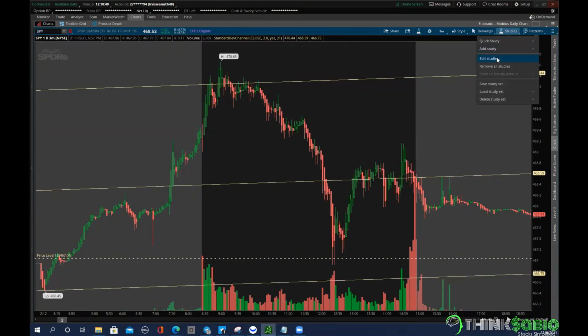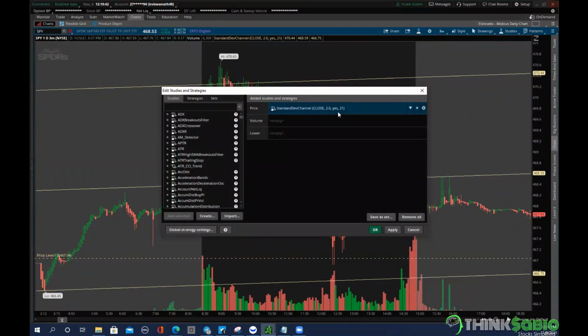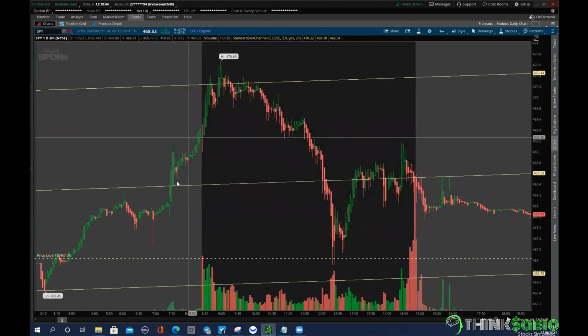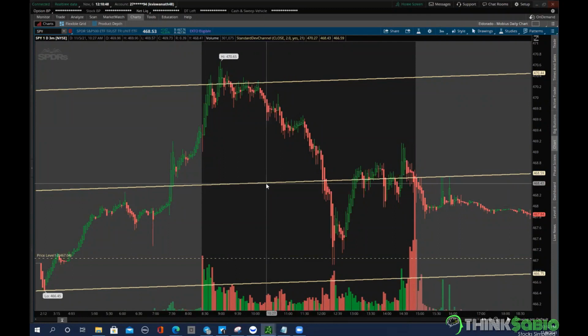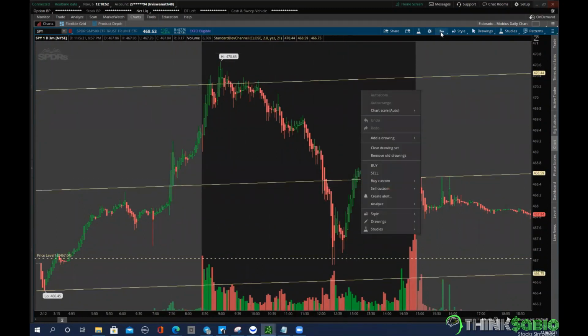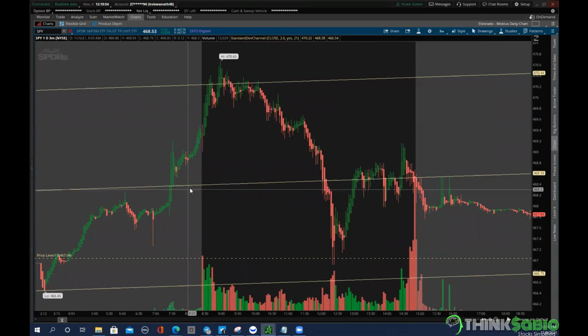If you go to studies, you can add this standard deviation channel here. What it does is it gives you the mean. This is the mean, the average of the price for the last 1 day, and then you have 2 standard deviations here. You can add 1 standard deviation, you can have 3, you can have 4. I have a big window of all standard deviations.